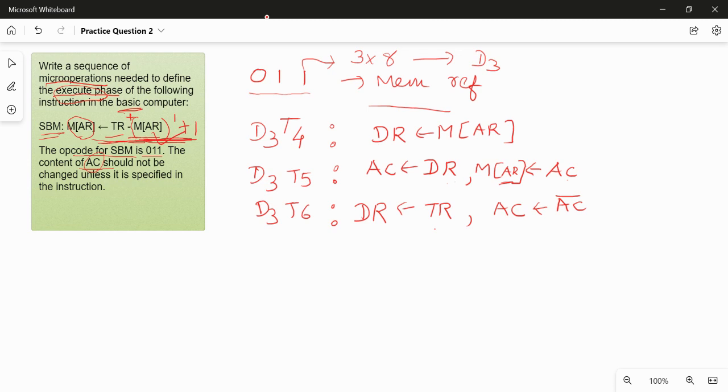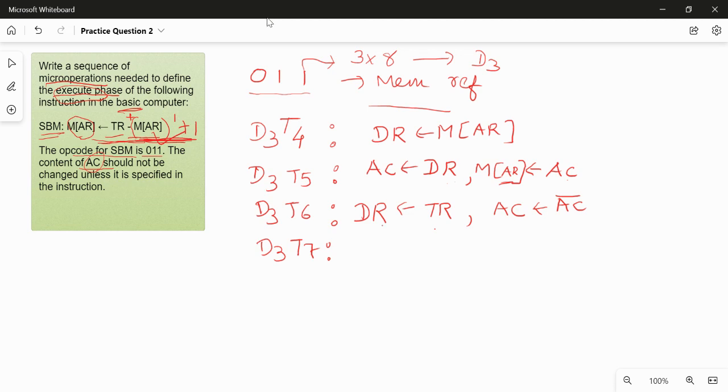So this complement operation will be performed by the adder and logic circuit. The value required for this complement operation is AC. The result will by default go to AC, and the other part of the operation involves the TR to DR transfer. So here also check that there is no conflict. TR to DR involves the common bus, and this second operation involves the adder and logic circuit. Values are also not conflicting, so this is fine. Then comes the next timing signal T7.